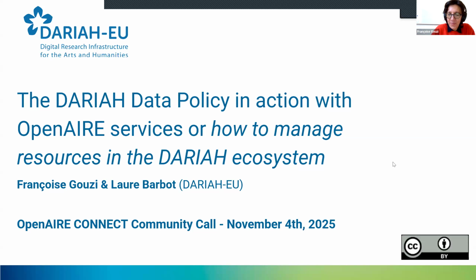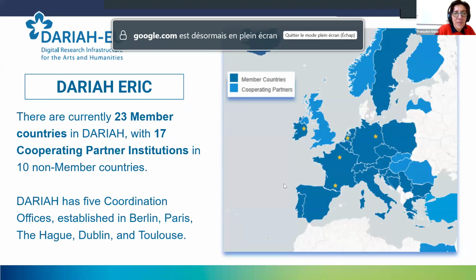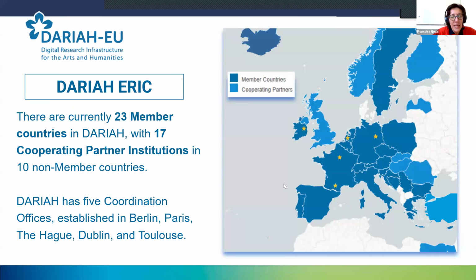As you can see in the slide, DARIAH is an ERIC, and an ERIC is a social network and a technical infrastructure. There are many ERICs in all domains. For example, I can cite synchrotron ERIC, which is single-sited.